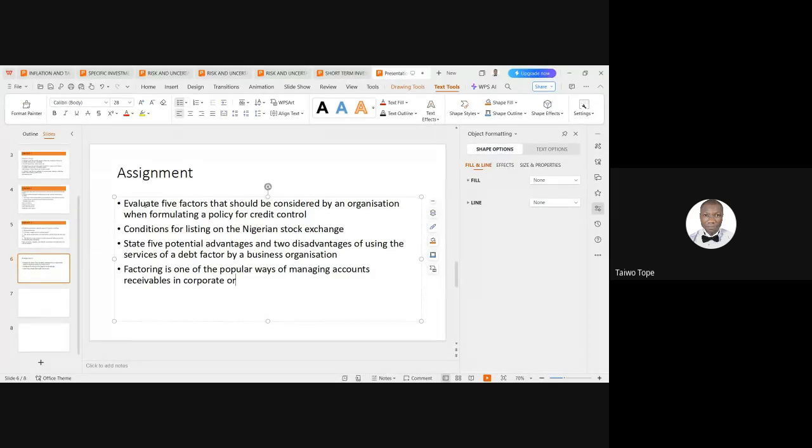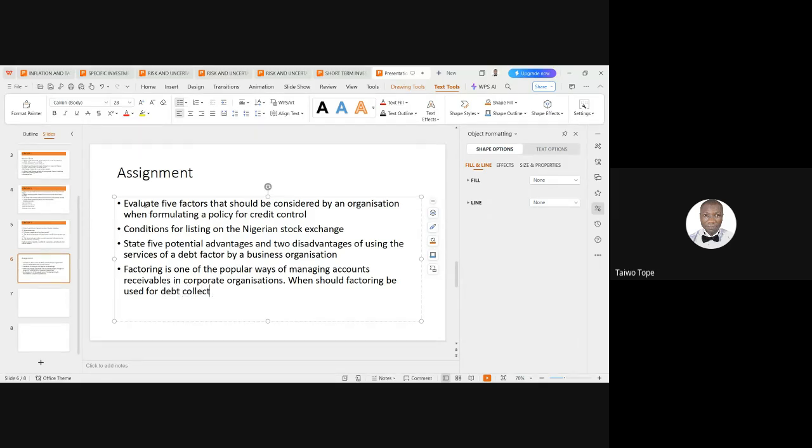The question now is, when should factoring be used for debt collection? This will spur you to read more now. When should factoring be used for debt collection?